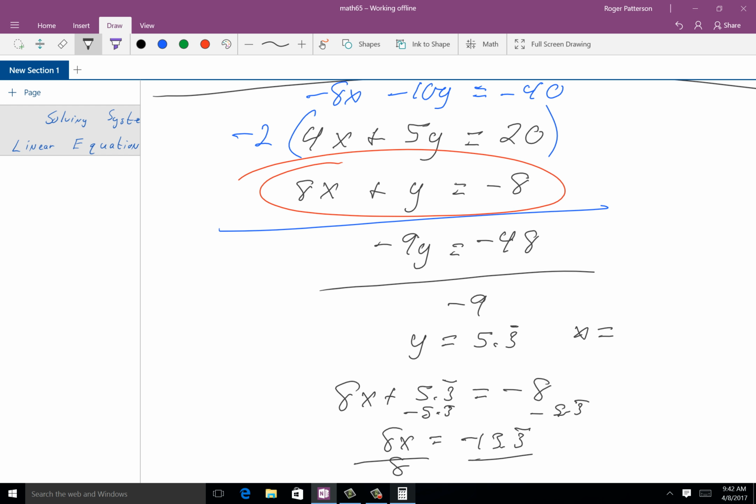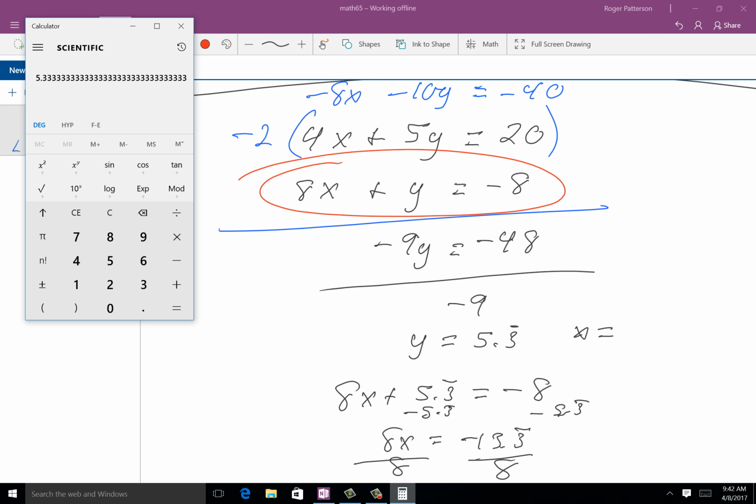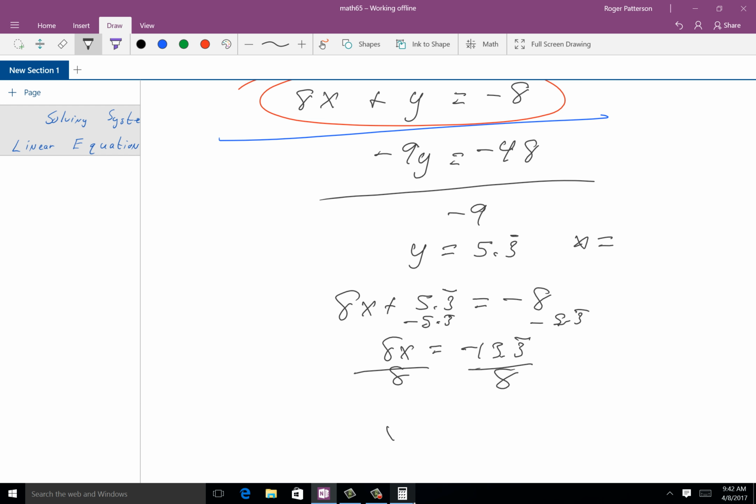Divide by 8, divide by 8. Take my calculator. And I can go 13.33333, throw a few 3's in there to get an accurate answer. 1.6. Negative. So my answer, -1.6 repeating, 5.3 repeating. There it is.